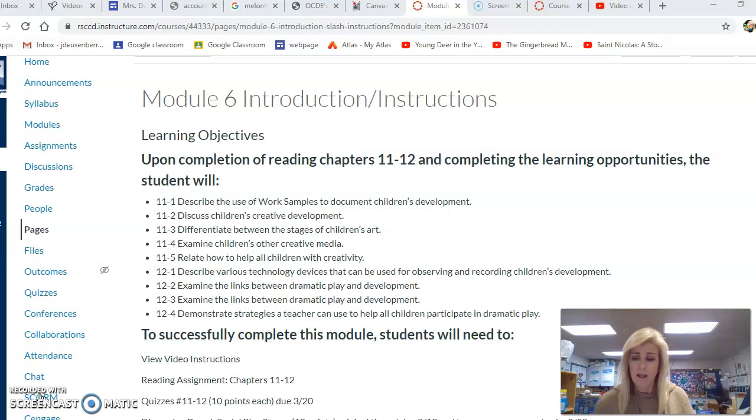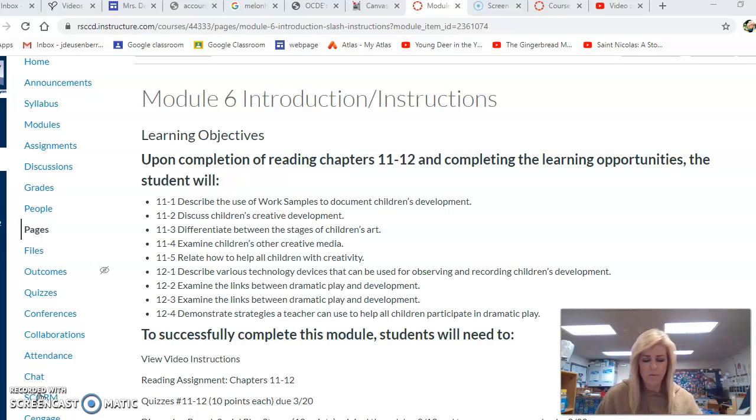Then moving on to chapter 12, we are looking at using technology for documentation of dramatic play. Within that chapter, it talks about the stages of play, which, as we discussed in class, is the onlooker, solitary, parallel, associative, and cooperative dramatic play.